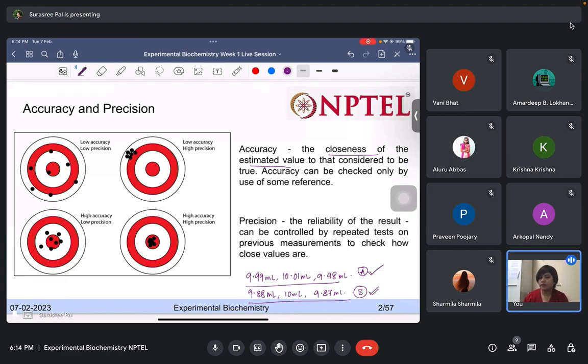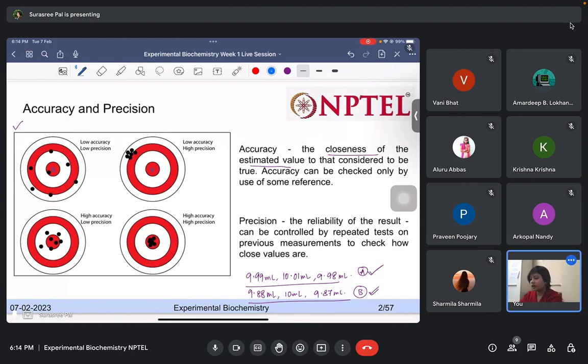Now if you look at this particular diagram, suppose this is the reference value, the value that you should observe. Suppose it is in here, this is the standard, so that is the bullseye.